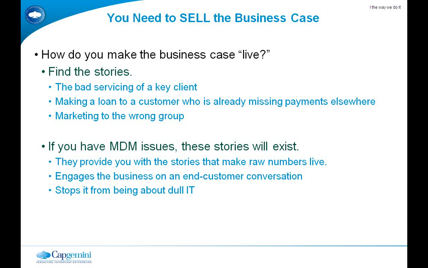And a lot of times in master data management, as you start digging into it, instead of just trying to fix that purely on technology, we find that we really need to back up and look at some either change management issues or process issues or system issues on that left side of the information landscape, on the information supply side, and then do master data management afterwards. But again, here with the business case, the key is to find the stories, determine what the benefit is, and see how that weighs against the cost.